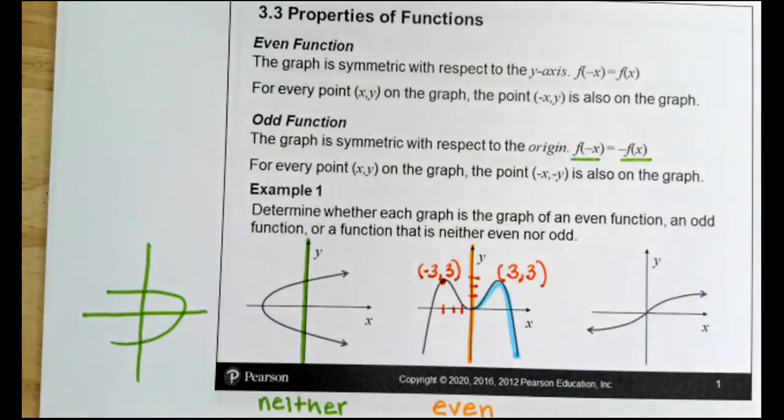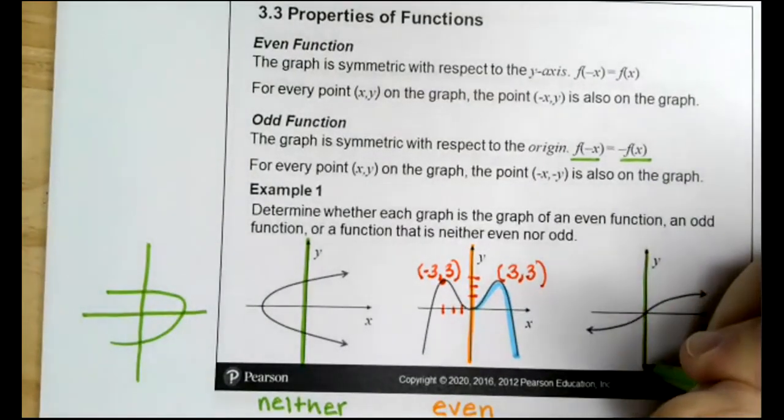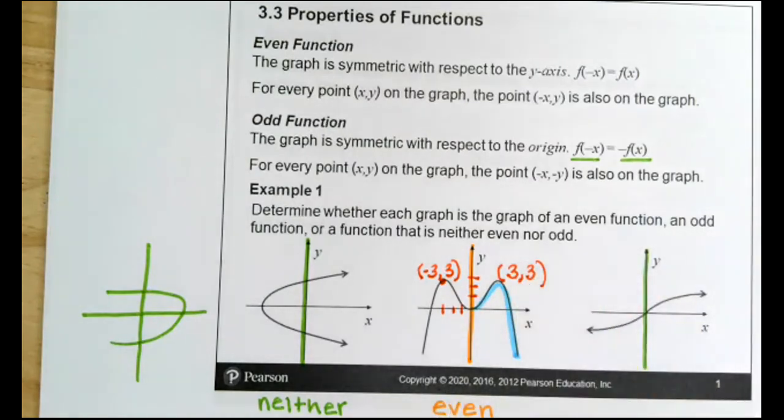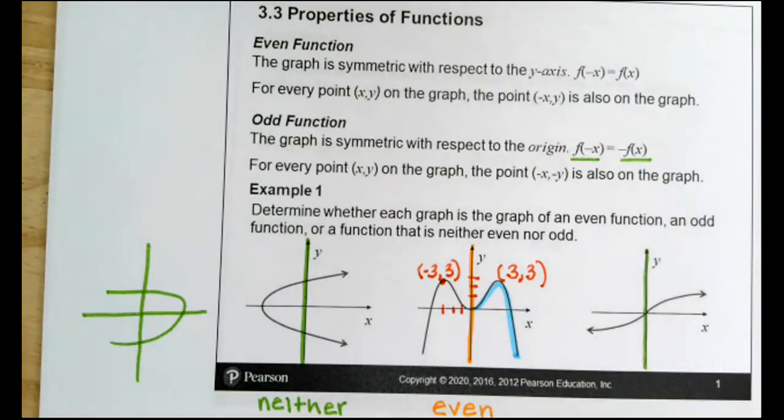All right, and the last one. If I folded it along the y-axis, would it lie on top of itself? No, right? So it is not even. If I turned it upside down, would it look the same as it did right side up?